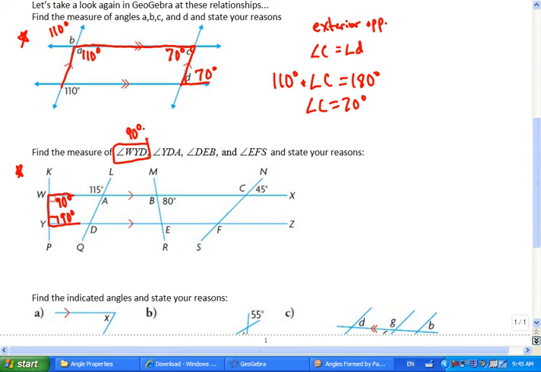How about YDA? So YDA would be this one. What do you think? What would YDA be? Alex, help us out. How did you know that? Yeah, so corresponding, remember corresponding, which letter does that go along with? F, C, or Z?